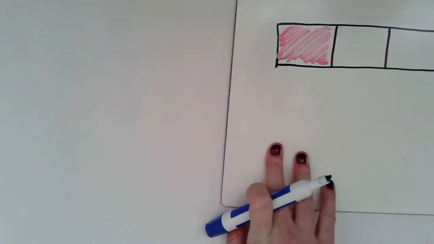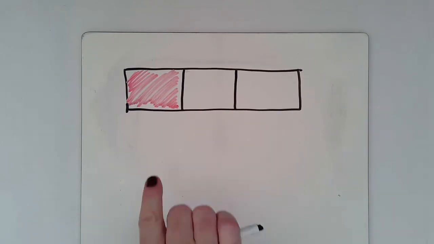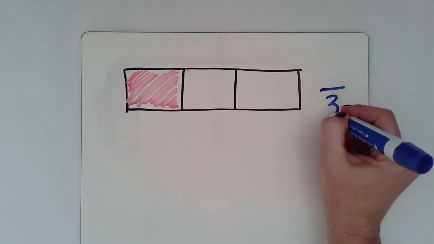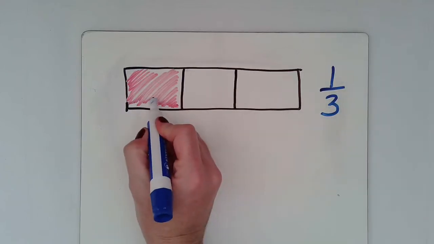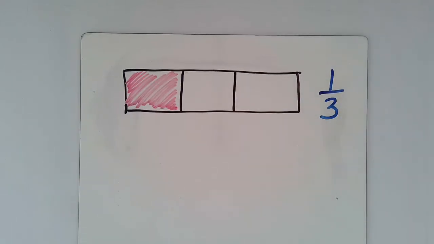Another way you can see is you can look at a bar model and you can divide it into different ways. So here I see 1, 2, 3. See a model that represents 1/3. 1 here because 1 is shaded, and 3 because there are 3 parts. Okay?